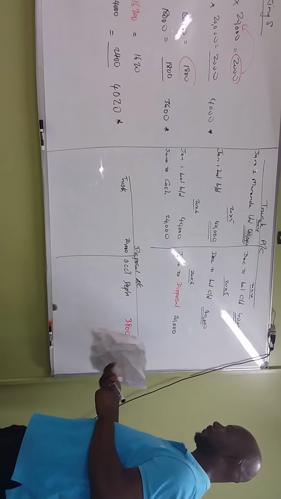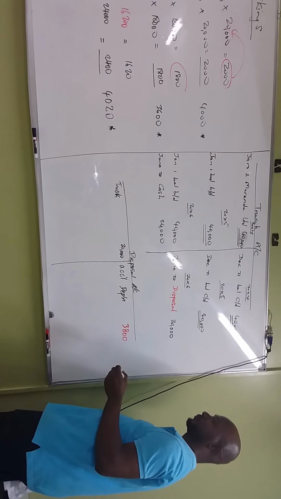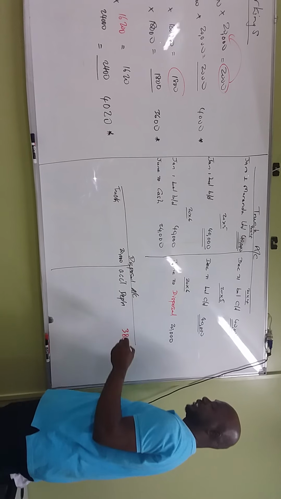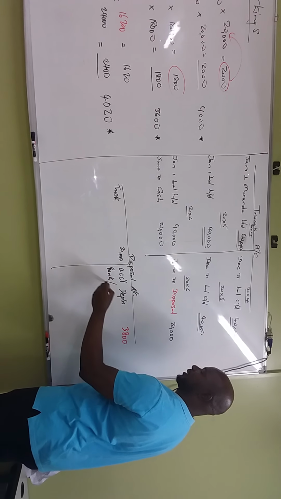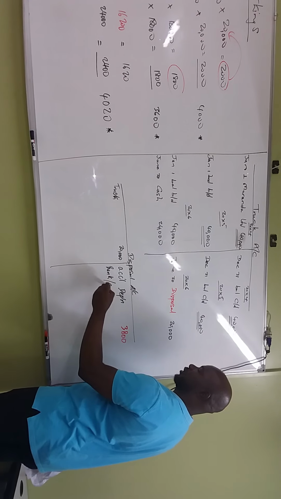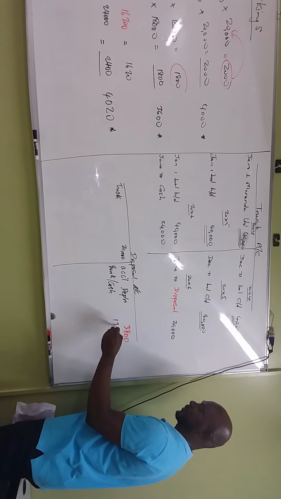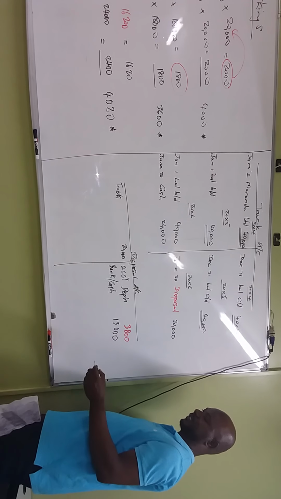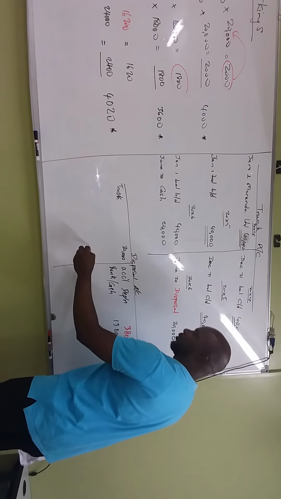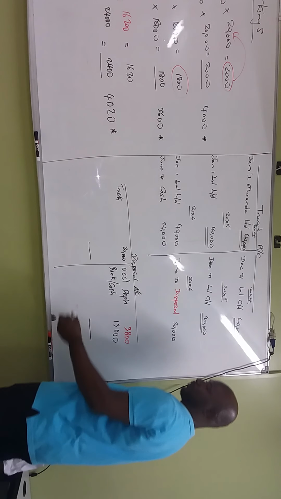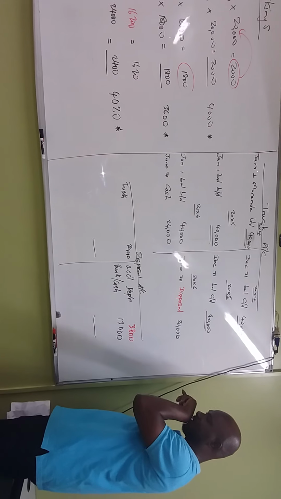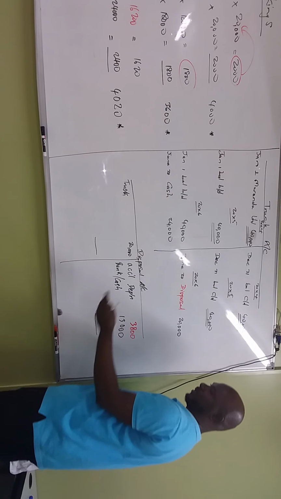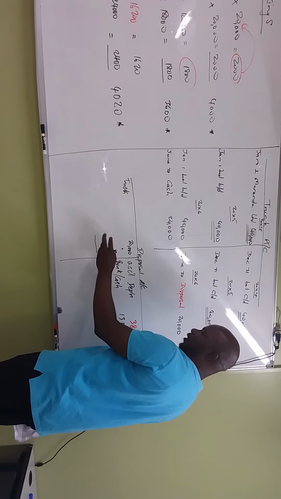Now, how much did we receive for the asset? Bank or cash. We received $13,000 for the asset. Now we're going to balance off to see if we have made a profit or a loss. If the credit side is greater, it simply means the debit side would have been short, so you would have made a profit.